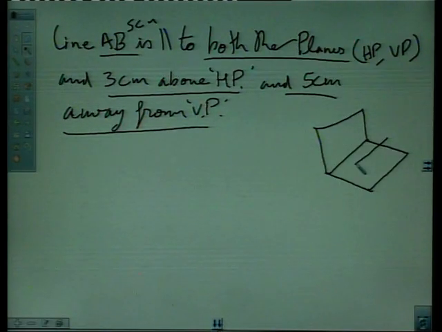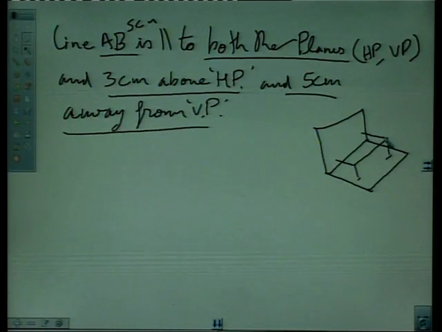This distance and this distance is same, and from this plane this distance and this distance is same. That means line is parallel to both the planes.